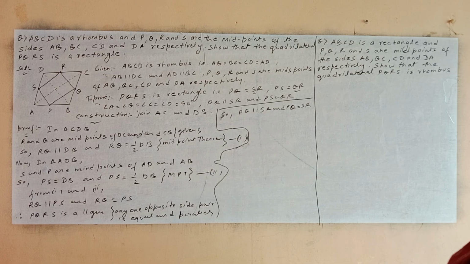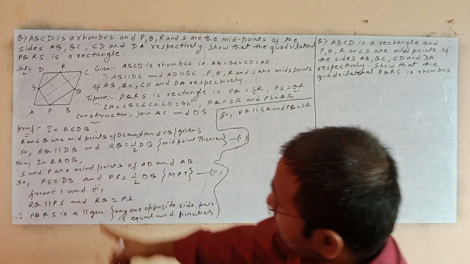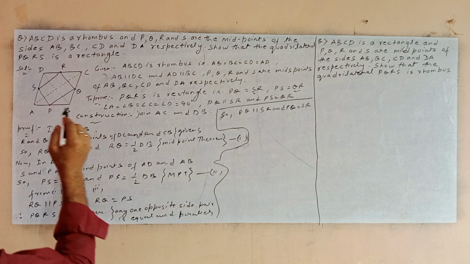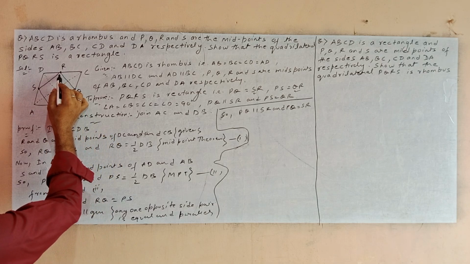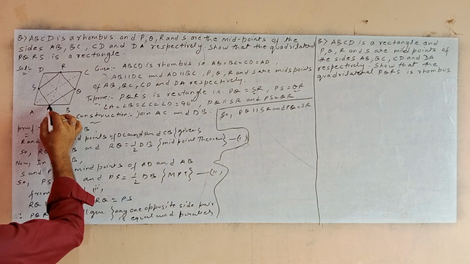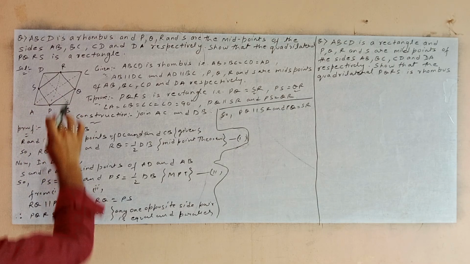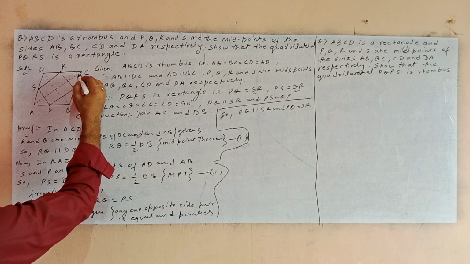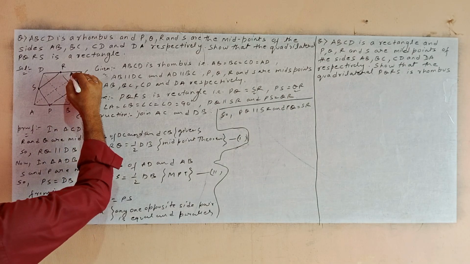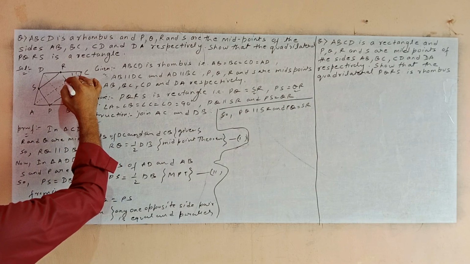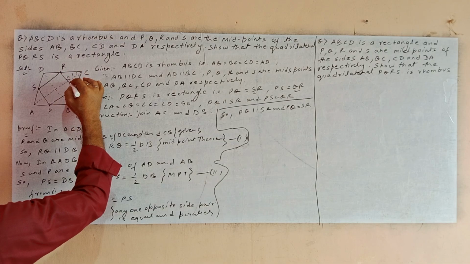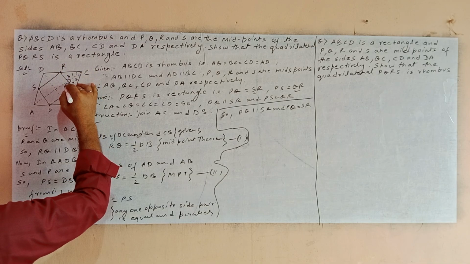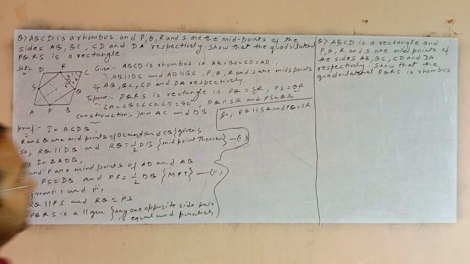Now one more thing you have to show: all angles are 90 degrees. So now see here. Suppose this is angle 1 and this is angle 2, and take this as 3, this as 4, and this is 5.